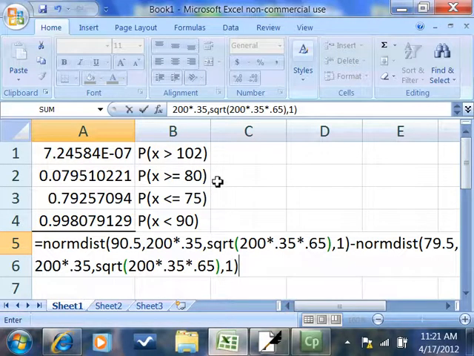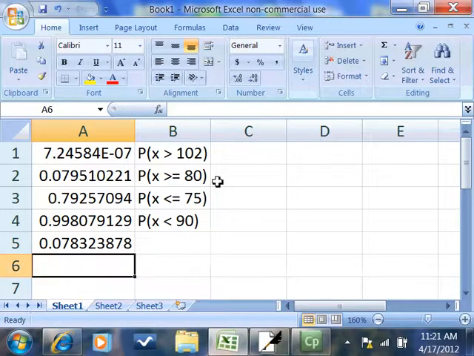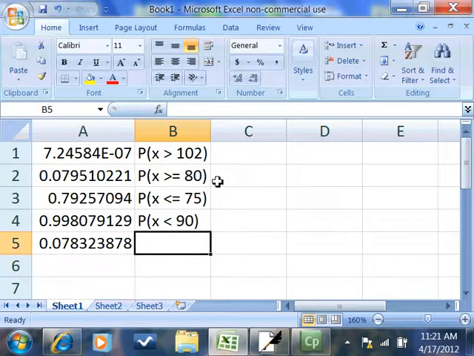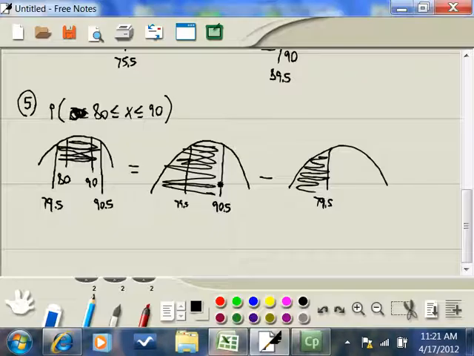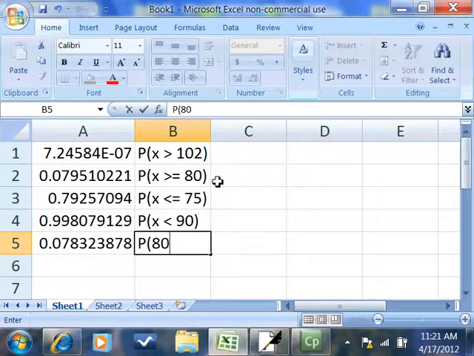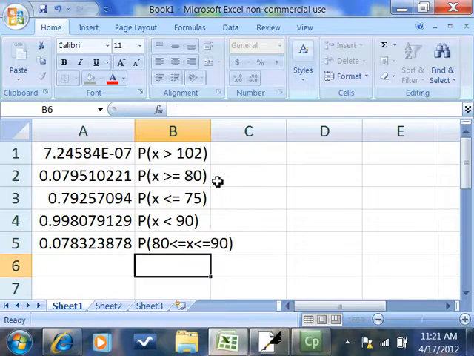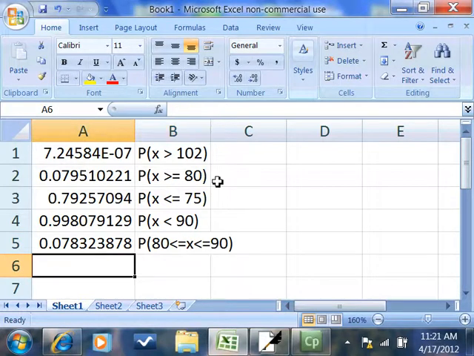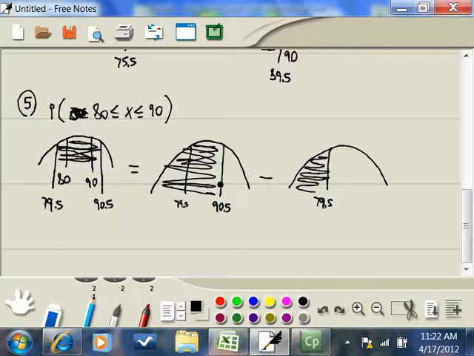Closing parentheses on the norm dist, and enter. And this is between 80 and 90. Now, if it didn't include 80 and 90, you'd have to handle it appropriately from that point.